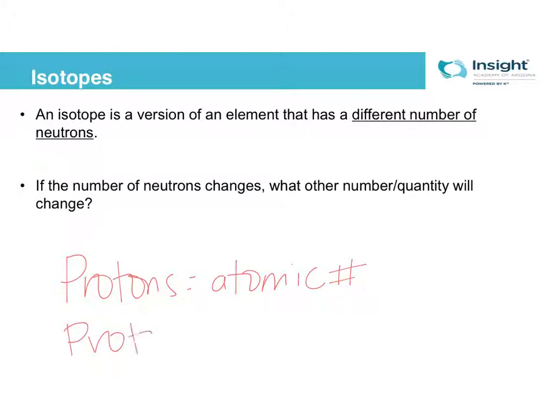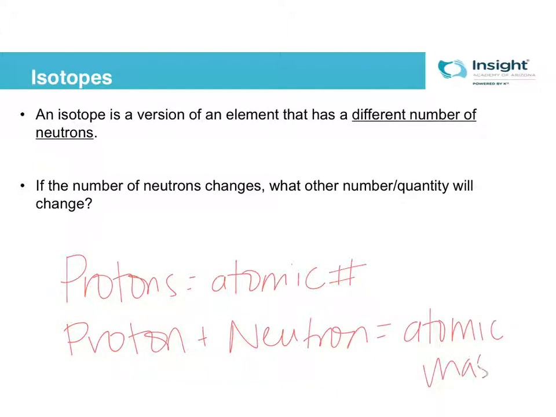All right, there's also the atomic mass. All right, we've talked about that before. Protons plus neutrons equals your atomic mass. Does changing the number of neutrons you have an effect on atomic mass? You should hopefully be saying, yes, Mrs. Pulling, it does.